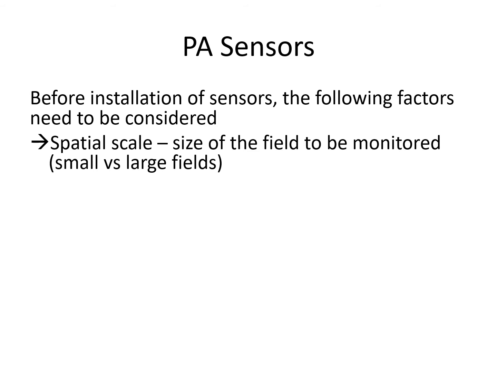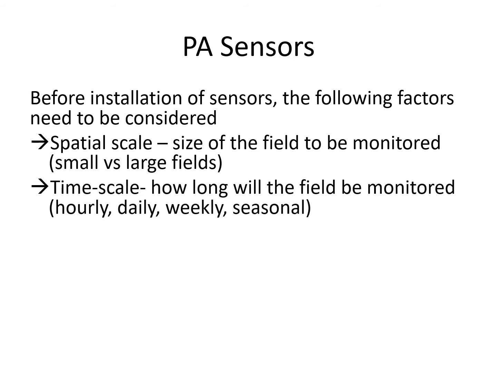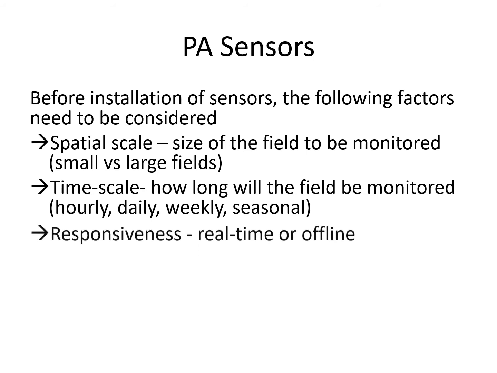Here we are distinguishing smaller and large fields as well. The time scale, and here we need to ask ourselves, for how long will the field be monitored? Will it be each hour, each day, each week, each season, or permanently? You need to take this into consideration, because this will have cost implications.